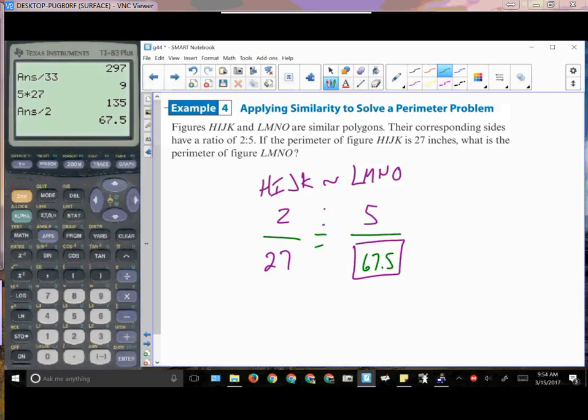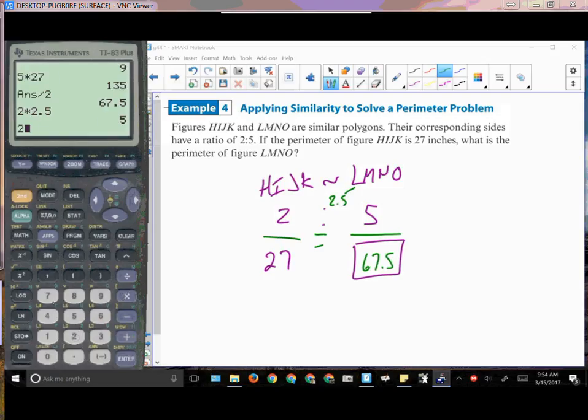By the way, how much bigger is 5 than 2? Isn't it 2.5? So if I take 2 times 2.5, I end up with 5, so 27 times 2.5. Why did I say 2.5?